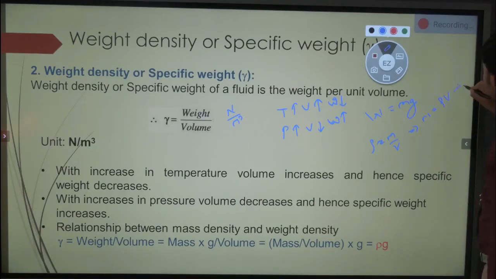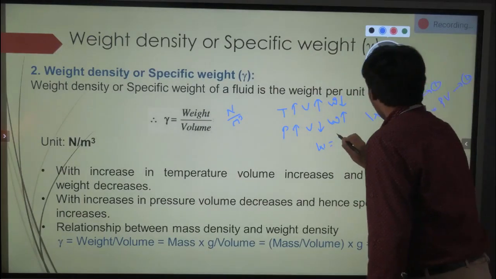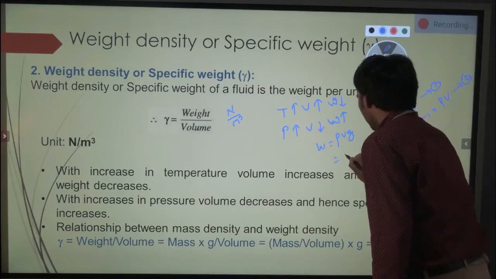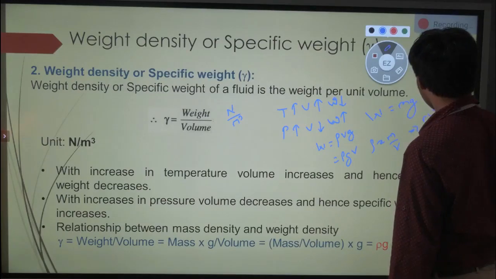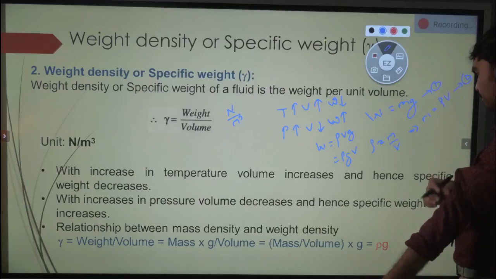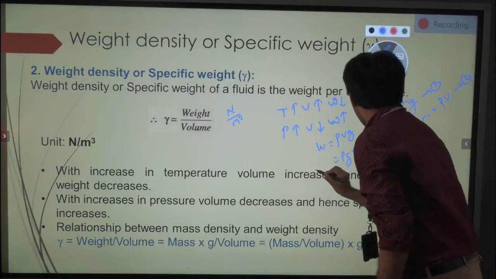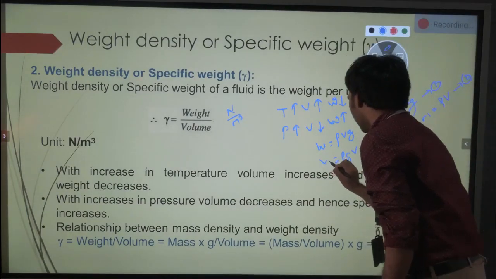If you replace this equation 2 in 1, weight equals rho V g, that means rho g V. This is the weight.